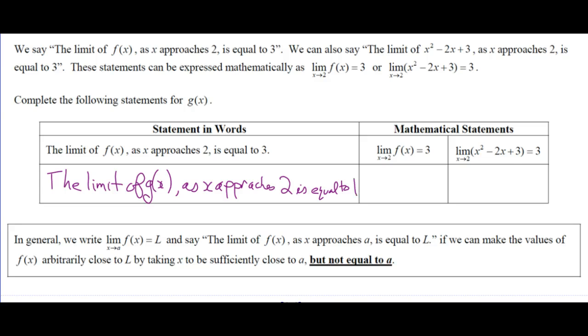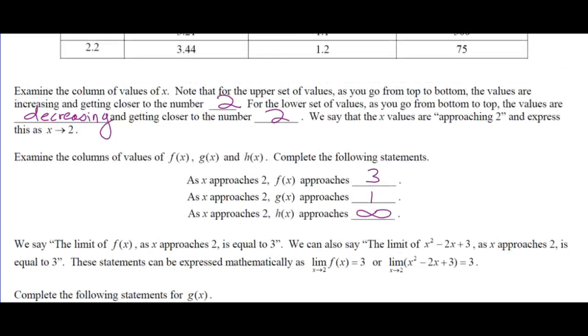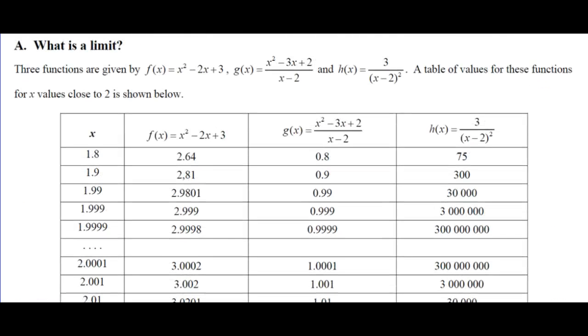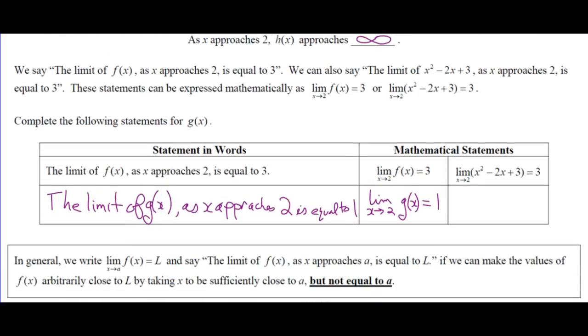And mathematically, the limit as x approaches 2 of the function g of x is equal to 1. Or, what was g of x? So we've got x squared minus 3x plus 2 over x minus 2, and the limit as x approaches 2 equals 1.